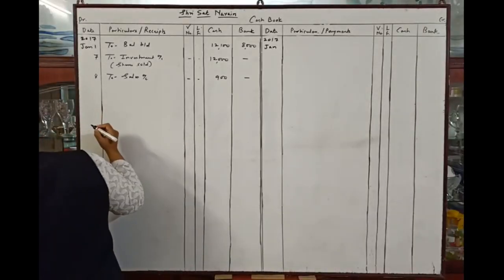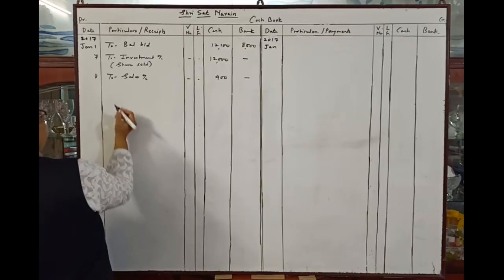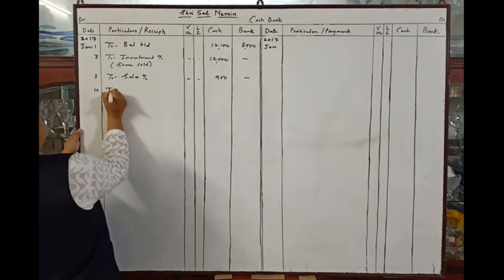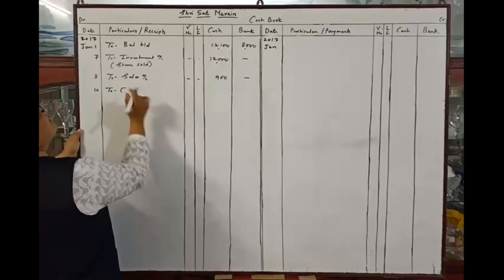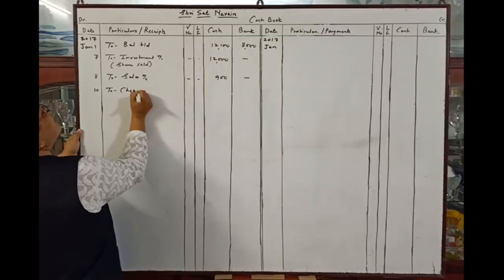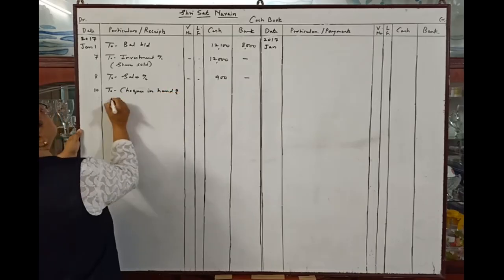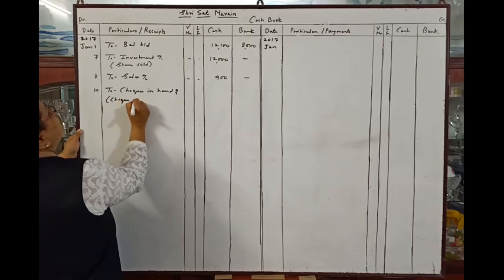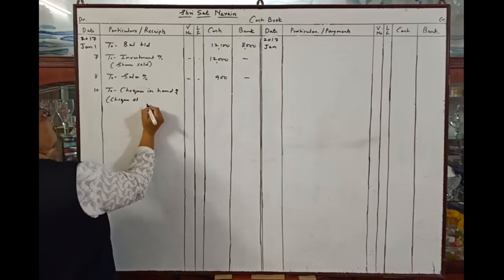So date is 10th January, to check in hand account, narration: checks of dates are 5th and 8th.